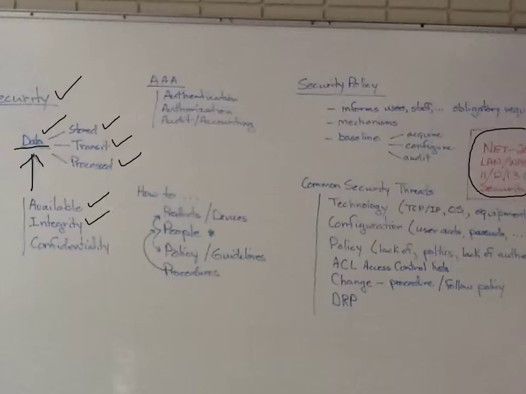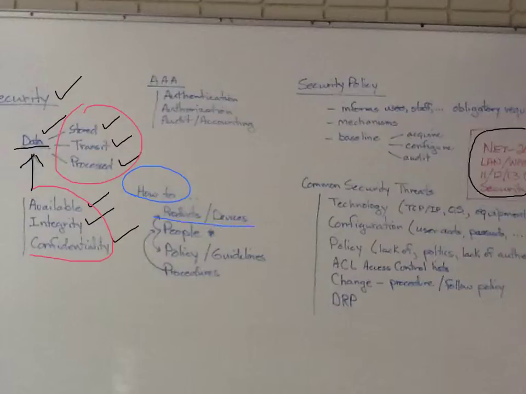We need to guarantee that the data is accurate, and we have to decide who can or cannot see the data. So this is what we need to do when the data is in these particular states, and then how we can manage that.